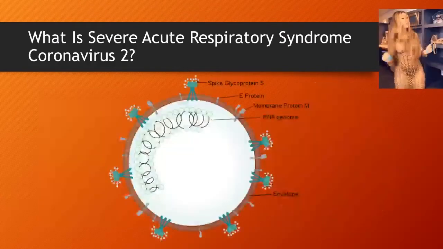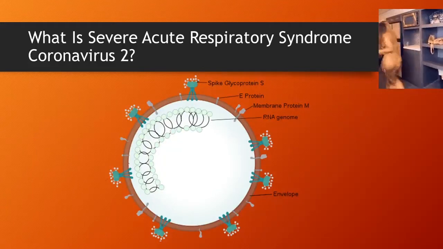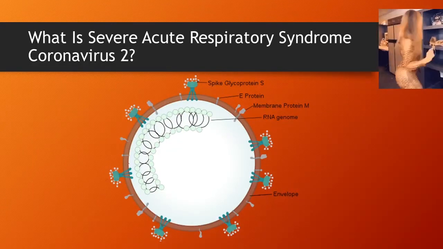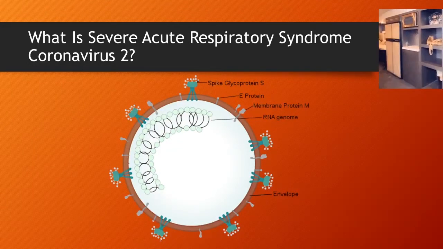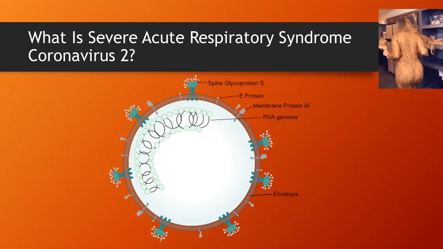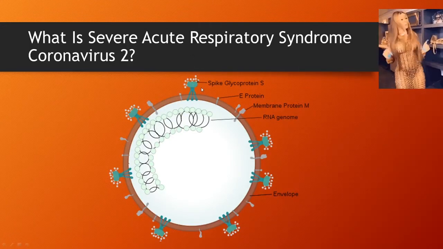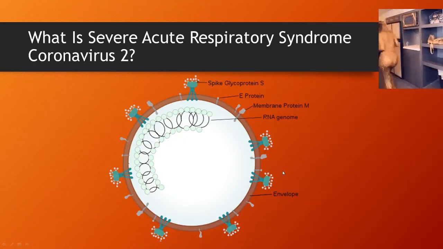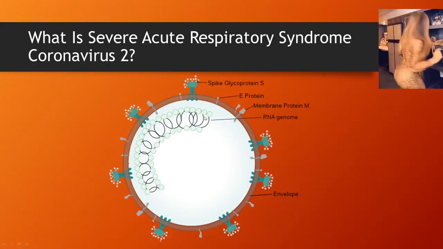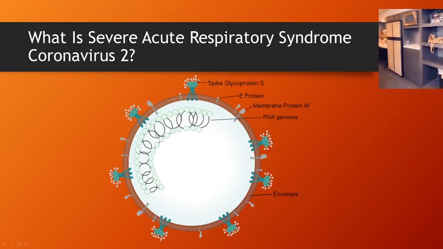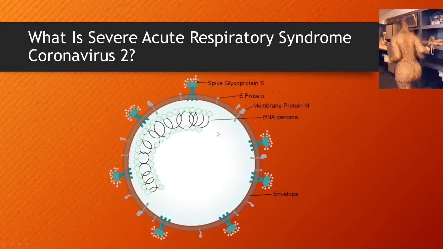Anyway, this is a bit more of a diagram showing what the SARS-CoV-2 looks like. So again, those are the spike proteins. There are some other membrane-bound proteins, and the RNA genome that is also covered by some other proteins to protect it.